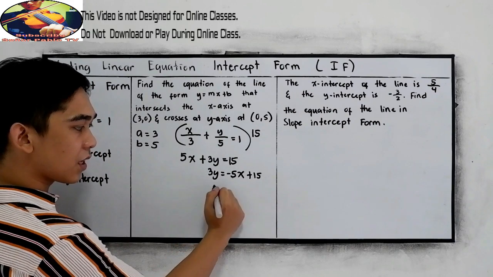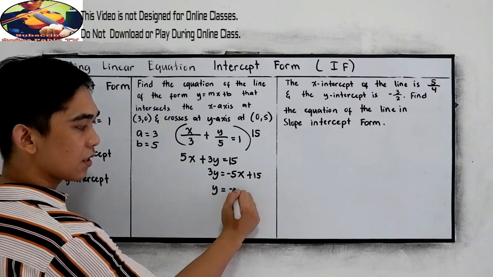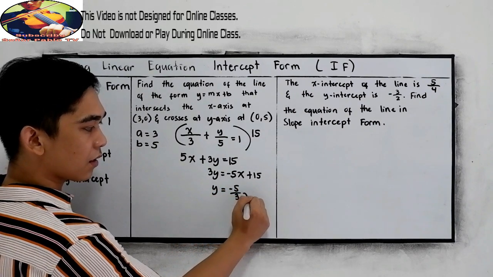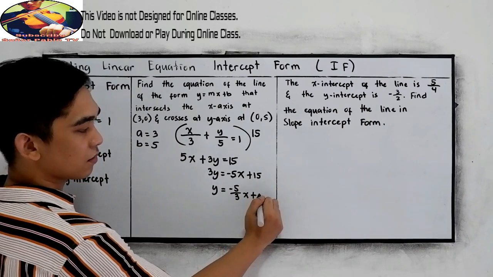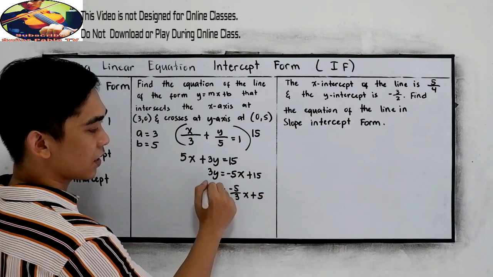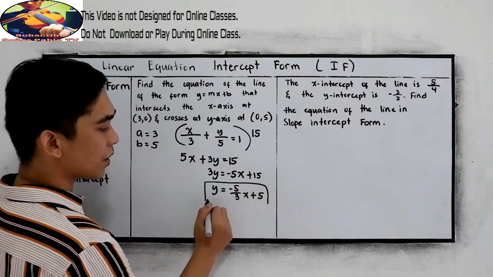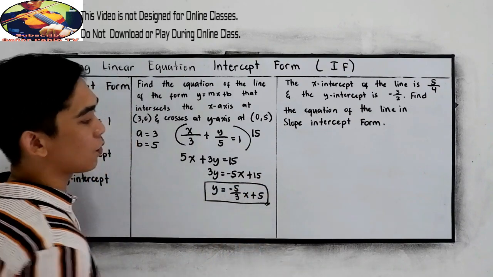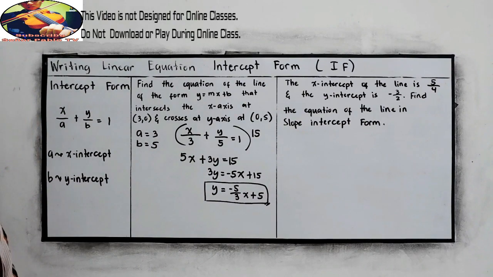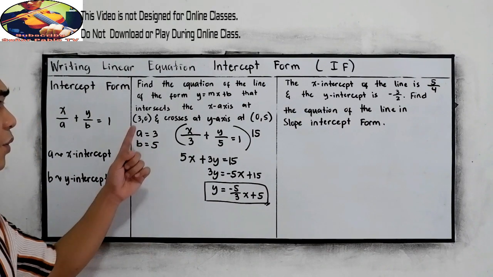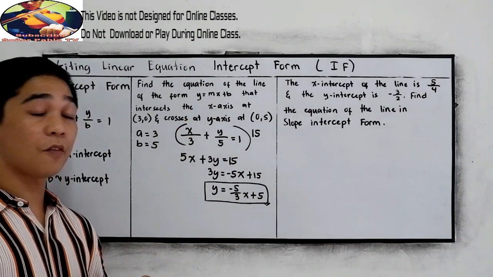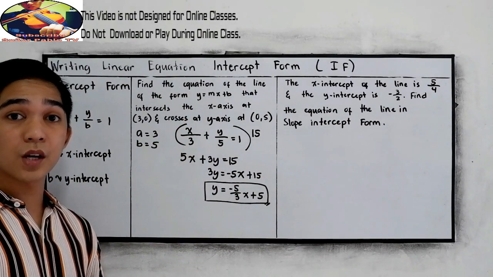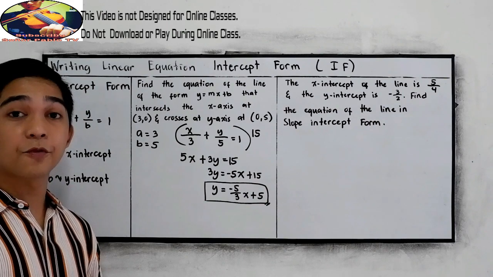Now divide by 3, that will give us negative 5 over 3 x plus 15 divided by 3, that is 5. So this will be our equation. The other way is, since we have 2 points, we can get the slope, then after getting the slope, we can use the point slope form formula.